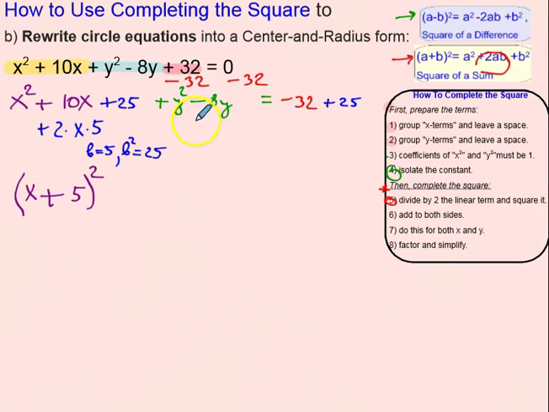Still, to identify my b, I will need to recover another factor that's hidden in this term. I know I have minus 2, I have the y, but then it had to be the 4. So b in that case would be 4, and b squared would be, of course, 16, the square of the 4.